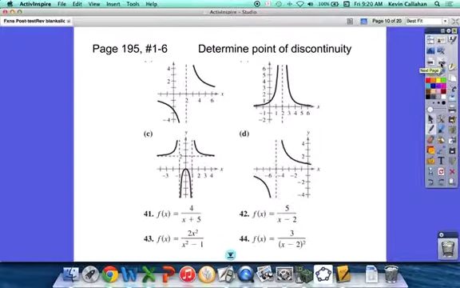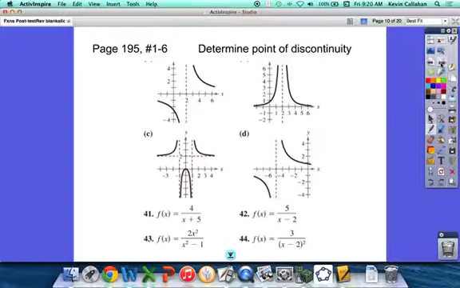Right. On the test, it asks about points of discontinuity. And in these problems in the book, they're really talking about vertical asymptotes. It's kind of the same thing. And these problems actually came from a matching.